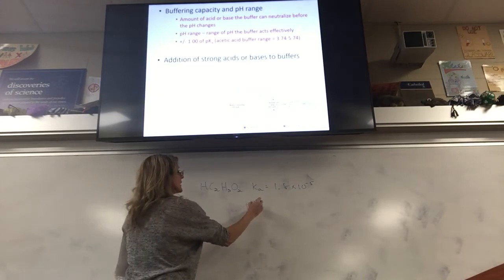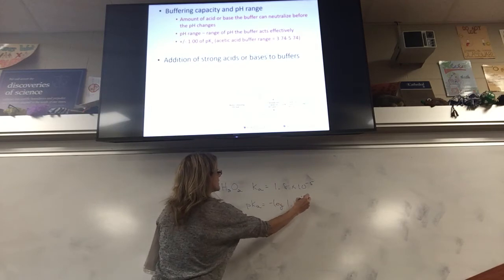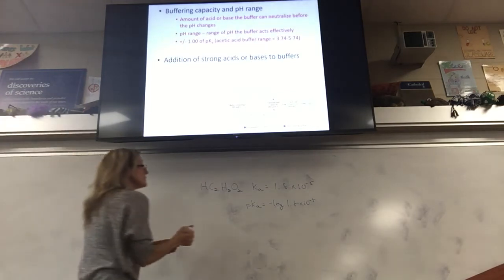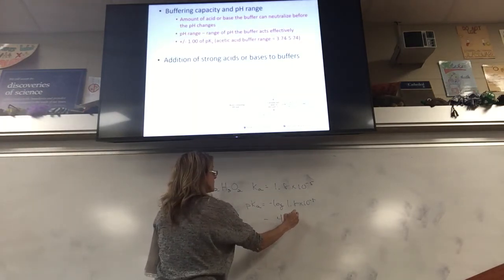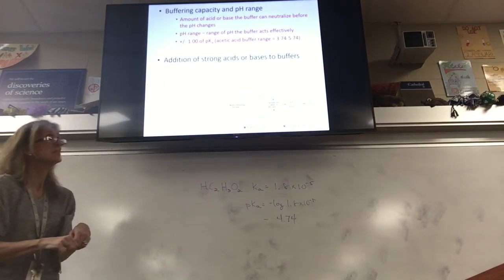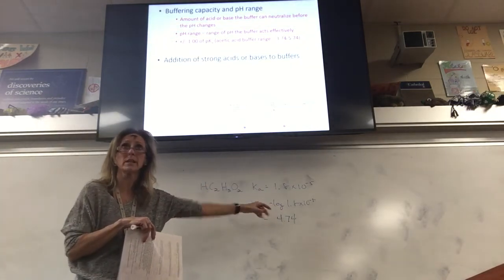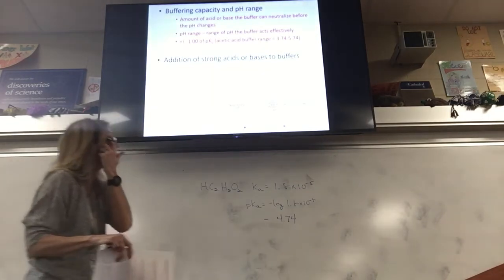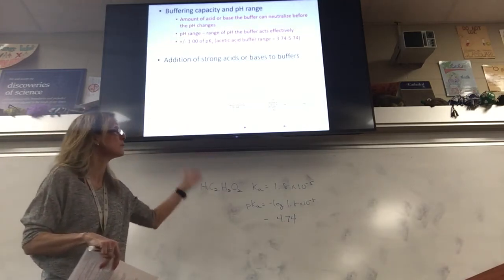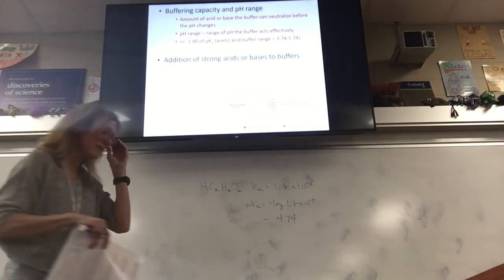If we convert that to pKa by taking the negative log of 1.8 times 10 to the negative fifth, that equals 4.74. So that's the pKa for acetic acid. That means a buffer that contains acetic acid and its conjugate base, the acetate ion, from sodium acetate or whatever, will work within a range of pH from 3.74 all the way up to 5.74. So that's an effective range.